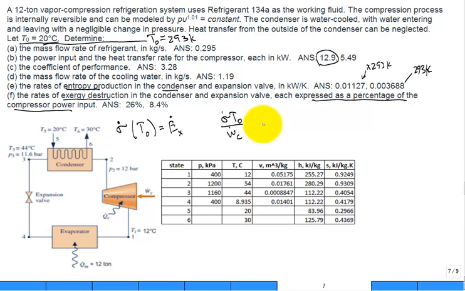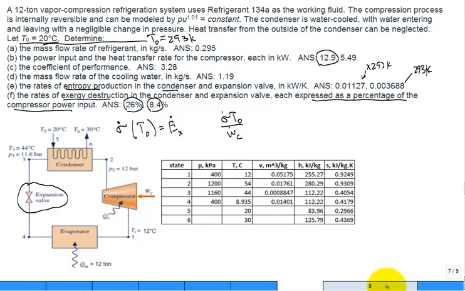Okay, so when you do that, you find that around 26% is the percent of exergy destruction in the condenser, and around 8% is the exergy destruction in the expansion valve. Not as much as you might expect. In the expansion valve, you think, oh, that's very wasteful. But hey, if it's less than 10%, look for the other 90% before you focus on improving the expansion valve.